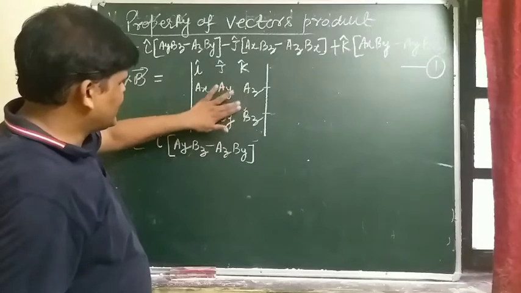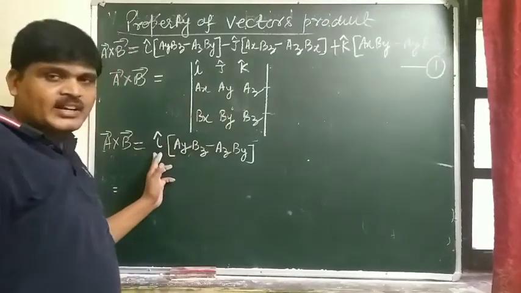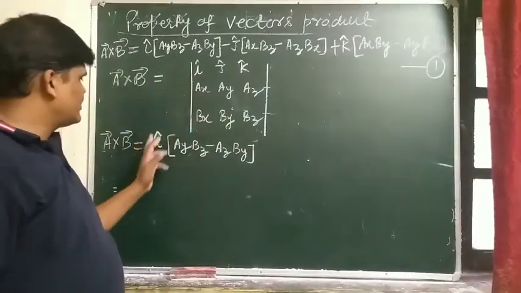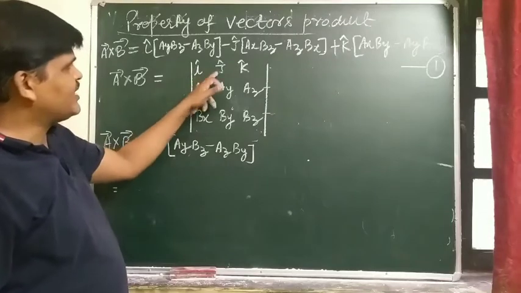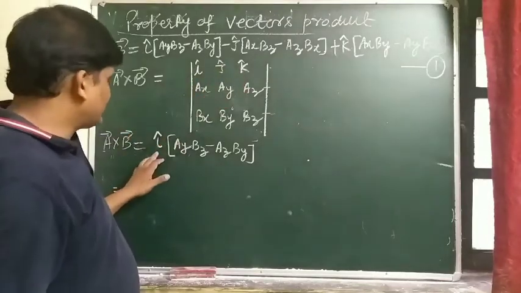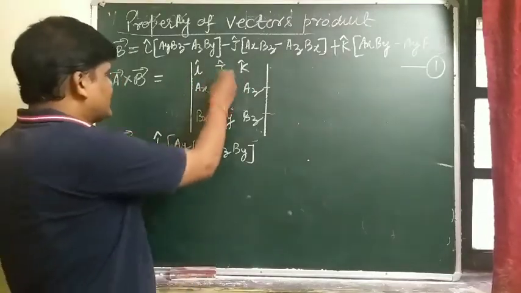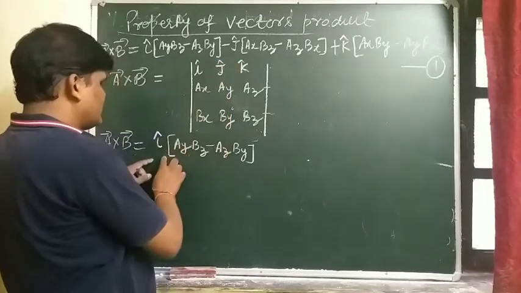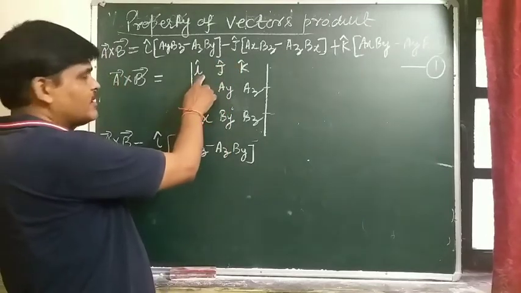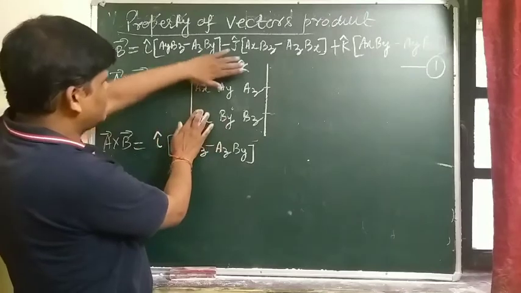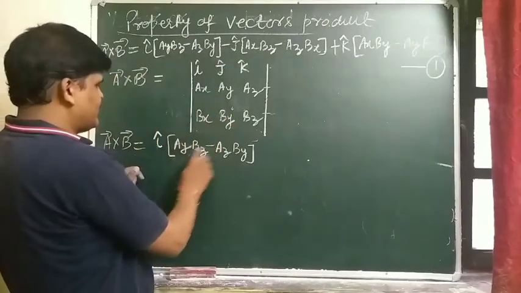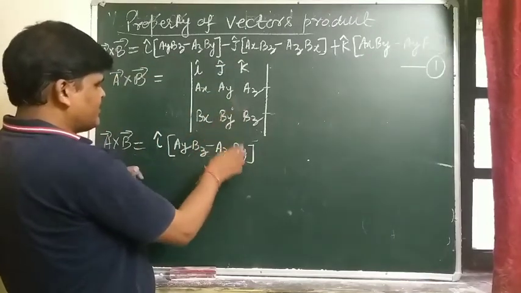Clear? Next student, the signs go plus, minus and then plus. So again we use minus J. Now for I, we hide first column, first row, so AY BZ minus AZ BY.